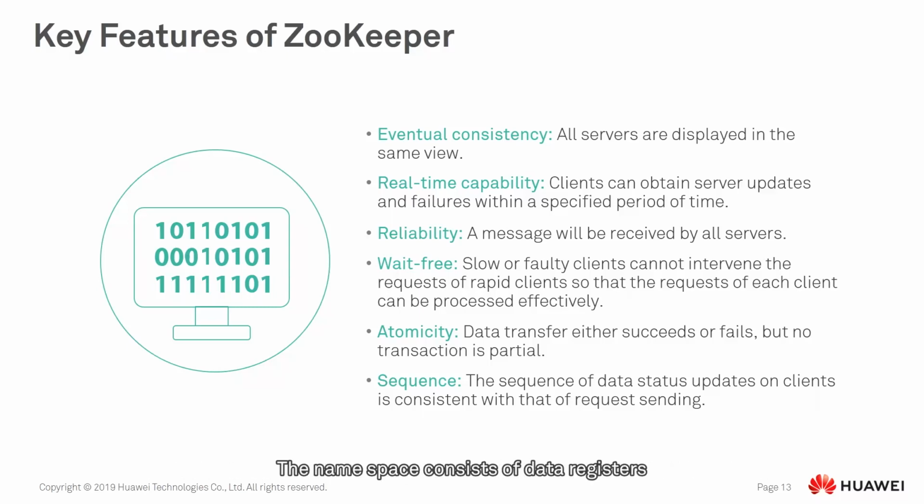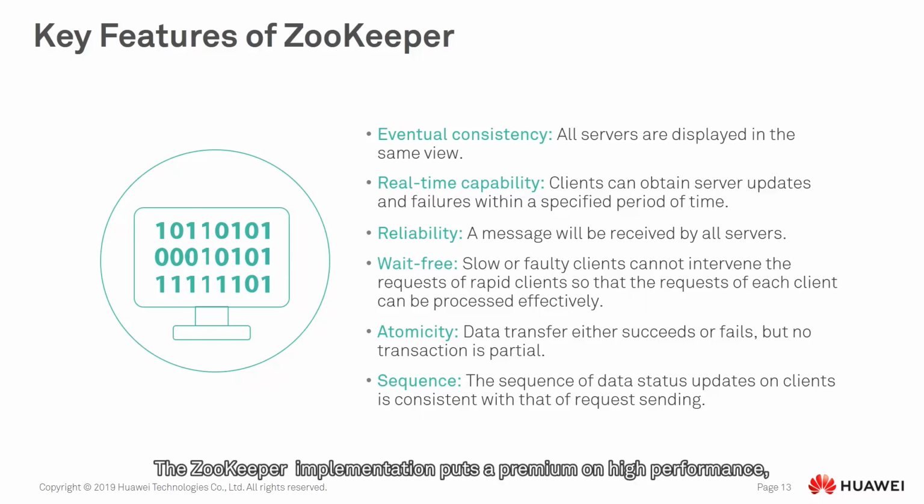The namespace consists of data registers called znodes, and these are similar to files and directories. Unlike a typical file system, which is designed for storage, ZooKeeper data is kept in memory, which means ZooKeeper can achieve high throughput and low latency.